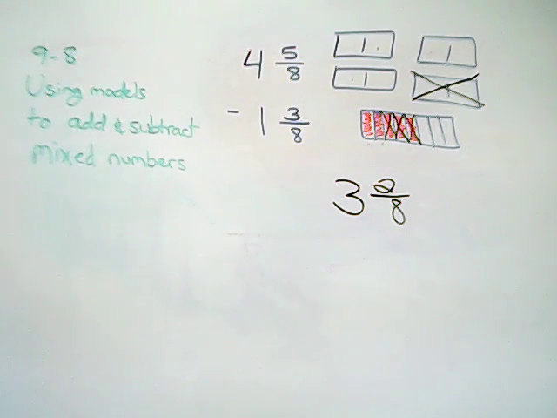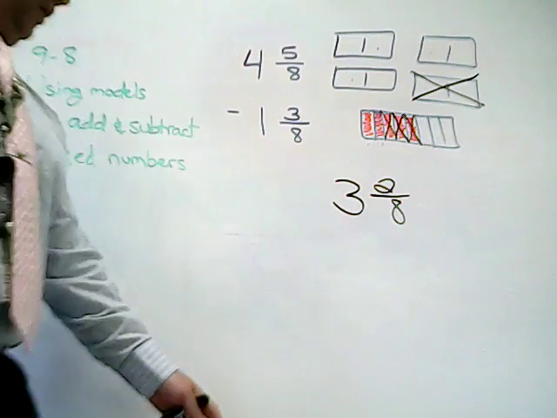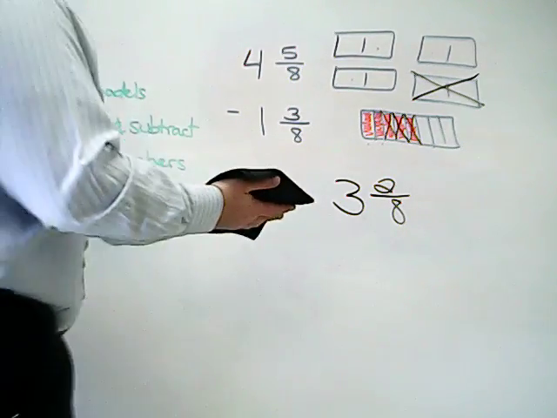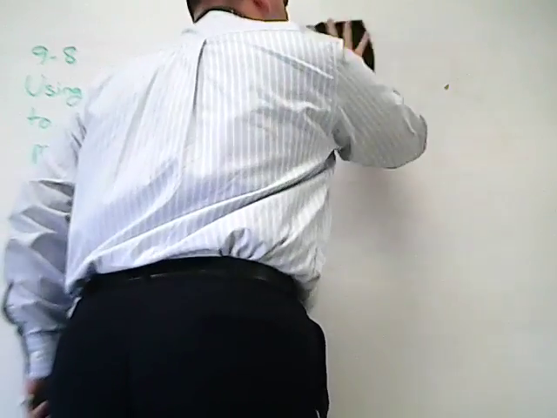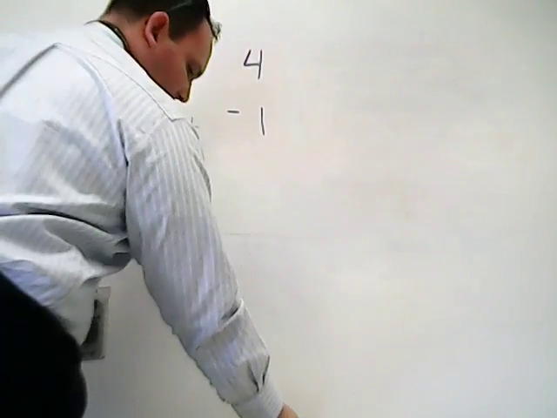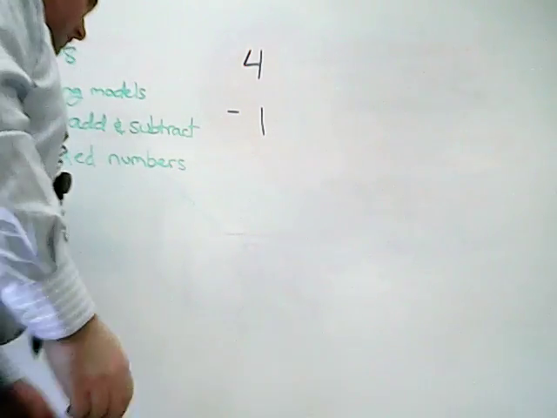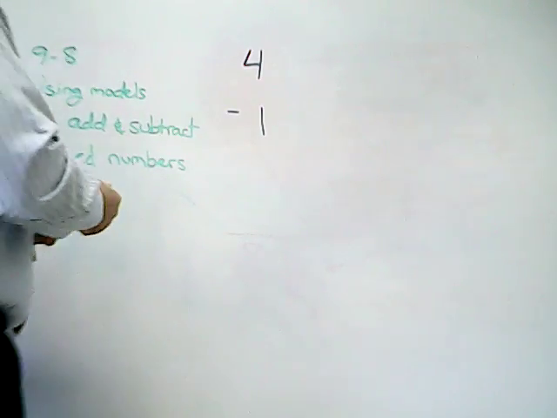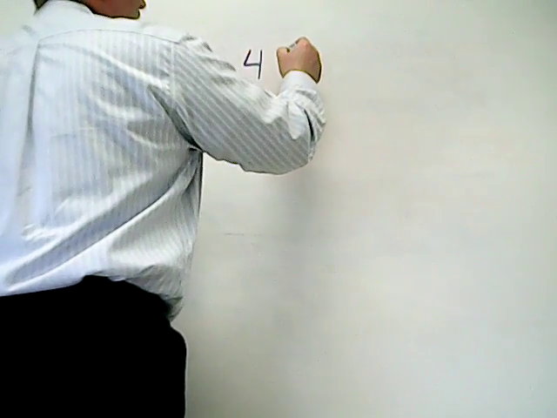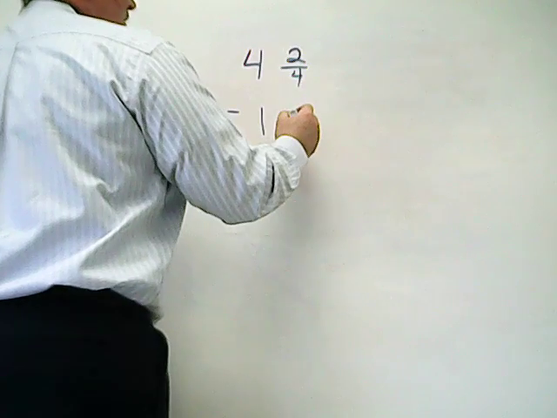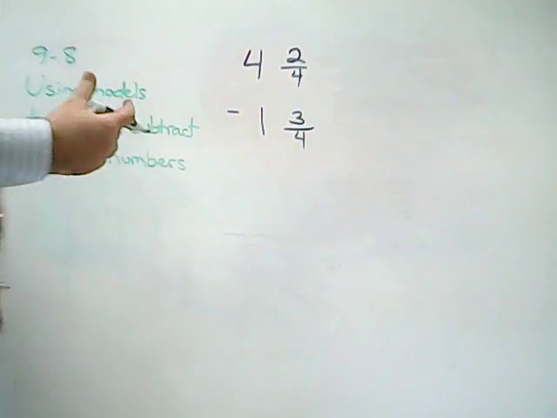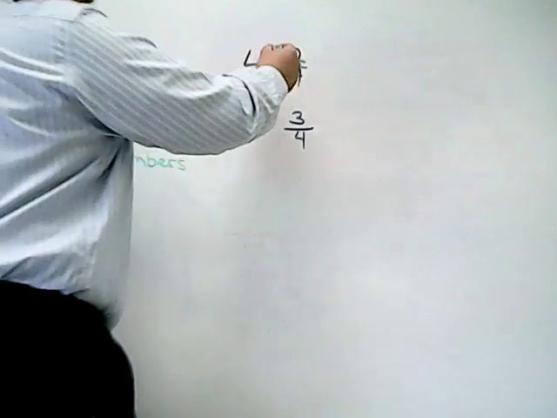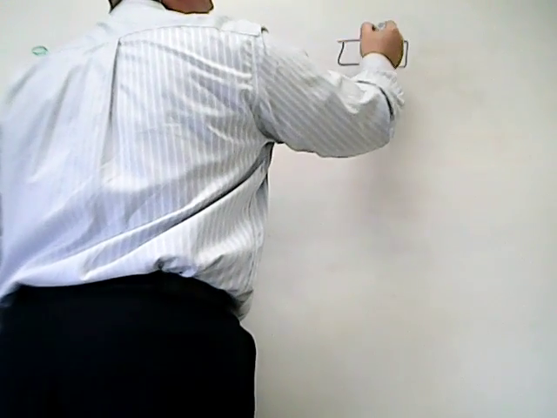Let's try one here where we need to borrow, however. So we'll keep our 4 and our 1, and we'll say it's 4 and 2/4 minus 1 and 3/4. So again, what I'm going to do is start with my 4 wholes.